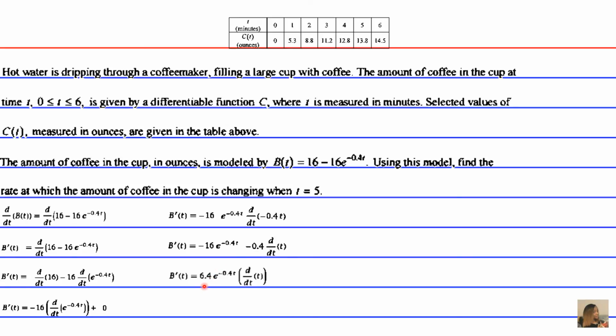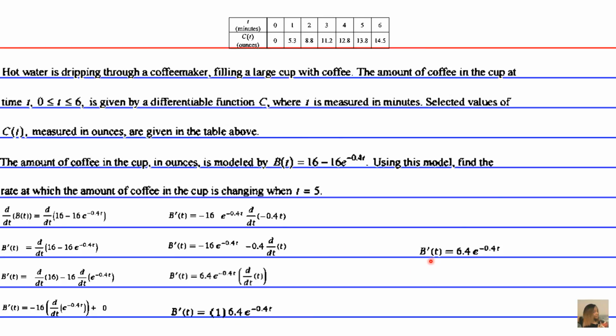Therefore, b prime of t equals 6.4 e raised to the negative 0.4t times the derivative with respect to t of t. And we know that if we take the derivative of t, that's just going to give us 1. So we can just go ahead and simplify our expression.